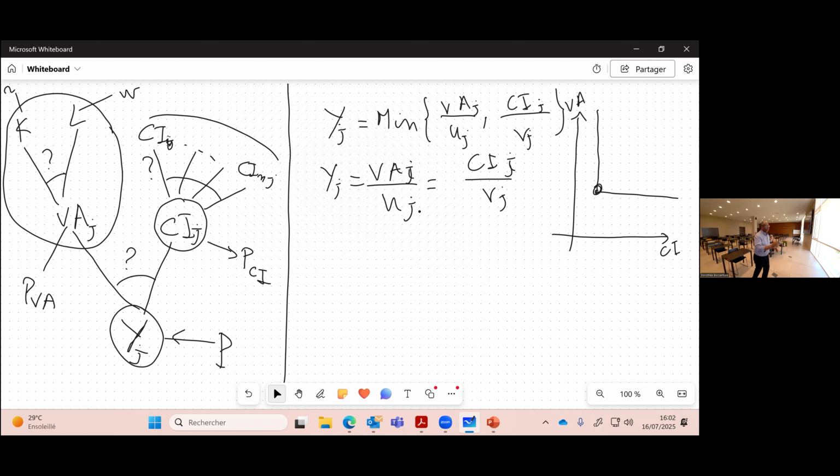This is for the first level. If you see, this is a Leontief specification. There is no substitution, and there is no price role in this situation.